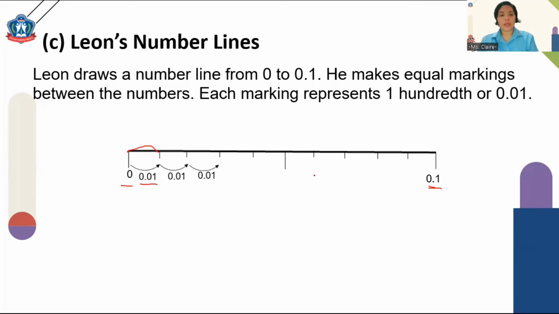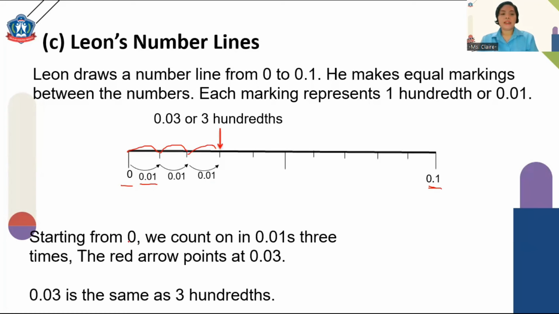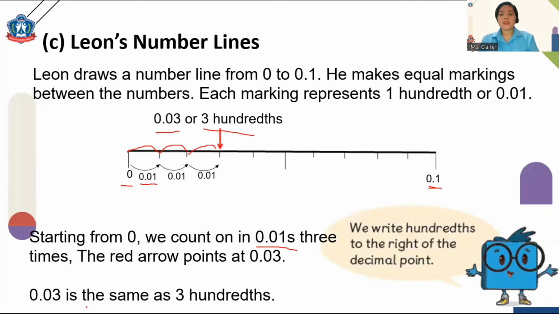So from 0 to 1/10, the spaces between them are hundredths. So we have 1 hundredth, 2 hundredths, and 3 hundredths. Starting from 0, we count on in 0.01 3 times. The red arrow here points at 0.03. 0.03 is the same as 3 hundredths. They are the same value, 3 hundredths or 0.03. So we write hundredths to the right of the decimal point.